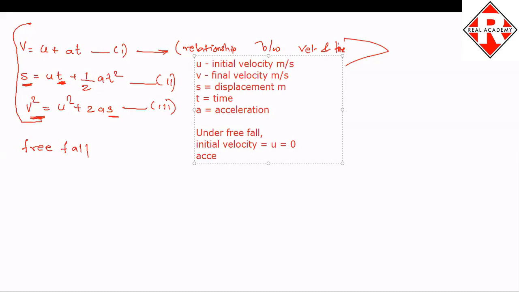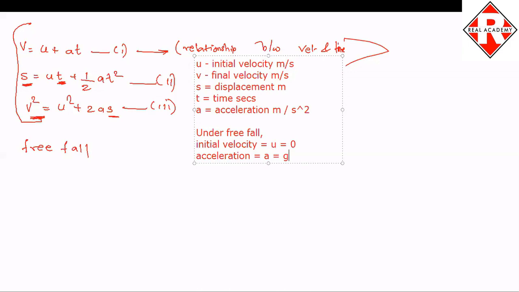Displacement is given in meters. Time is given in seconds. Acceleration is given in meter per second square. Here acceleration is denoted by a, but when it is under free fall, acceleration is caused by the acceleration due to gravity, so we'll denote it by g.